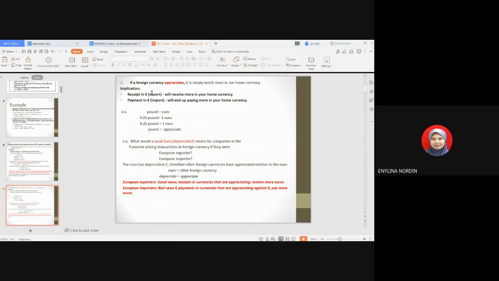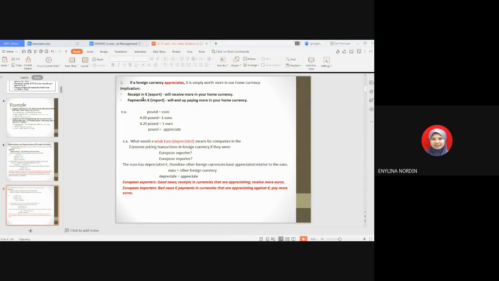So that means if we want to get $1, we have to pay more. So the dollar becomes more expensive now. So if you buy products or goods in US dollars, then you have to pay more in RM, right? Okay, so what happens if you are the exporter? You will receive more in your home currency. Okay, it contradicts the other situation just now.